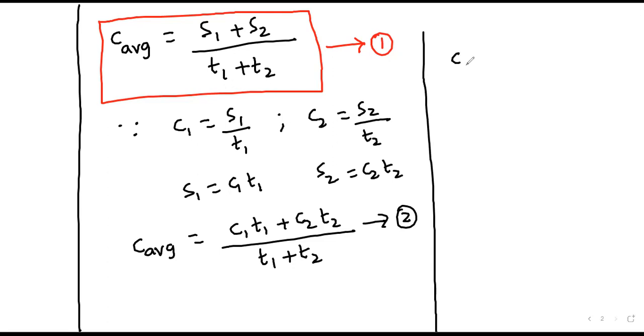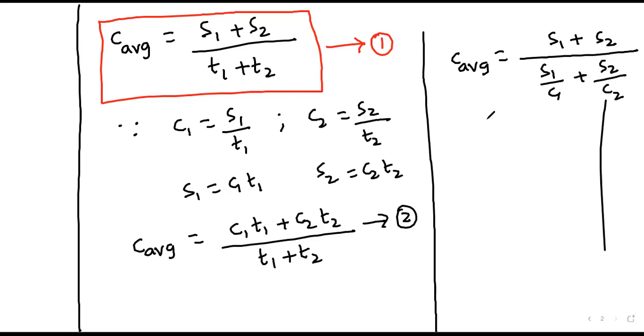That is C average equal to S1 plus S2, where instead of T1 I am writing S1 by C1 and S2 by C2. That is equation 3.